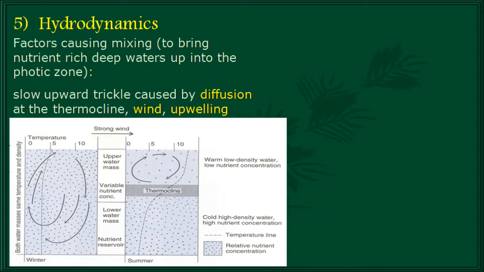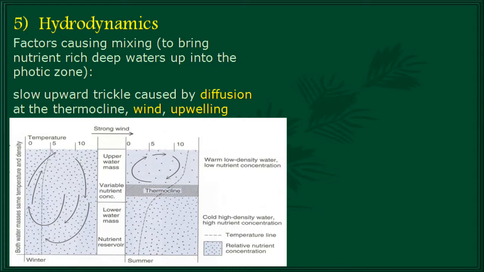So the last factor that influences primary production is hydrodynamics. This is primarily indirect because this factor helps to bring nutrients up into the surface of the water column where there's enough light for photosynthesis.